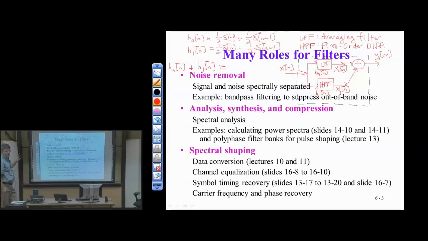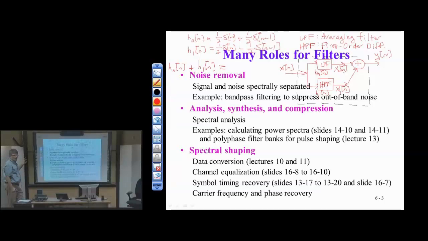When H0 of n minus H1 of n, that also will give us a discrete time impulse but delayed by one sample. So anyway, this is a very simple way to recombine the 2 channels, low pass and high pass, into one signal that's of all discrete time frequencies.